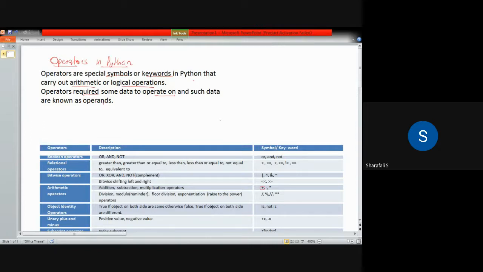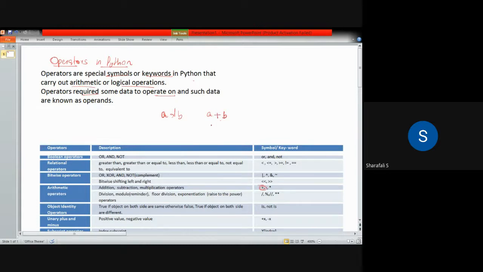So for example, I will take addition, an arithmetic operator, that is plus from this list. Suppose I use two data, let's consider A and B, and they are integers. I can add these two integer values with the symbol plus, like this.